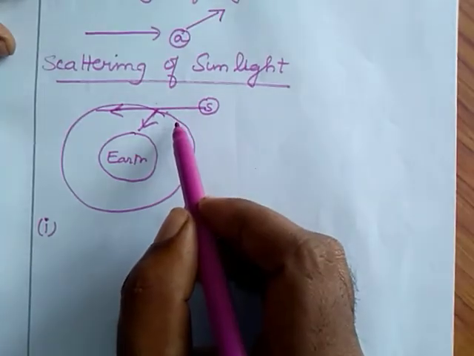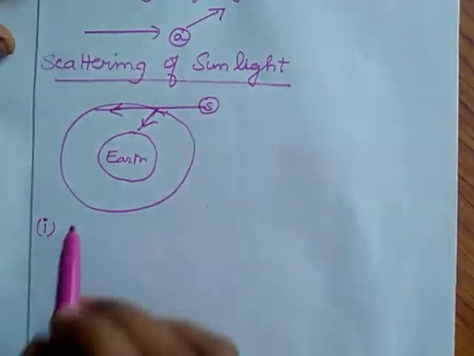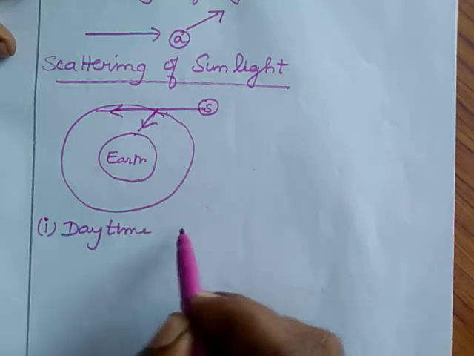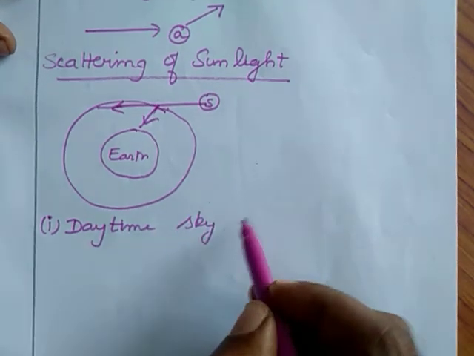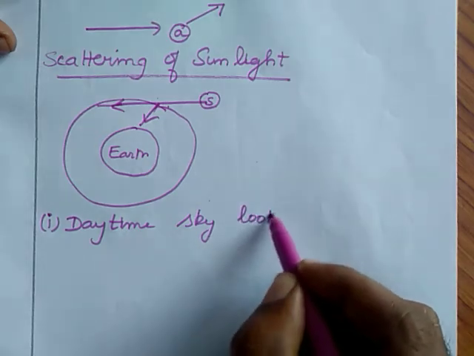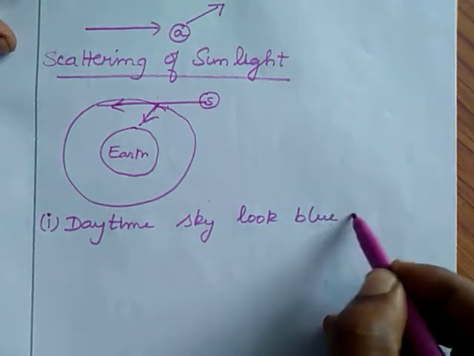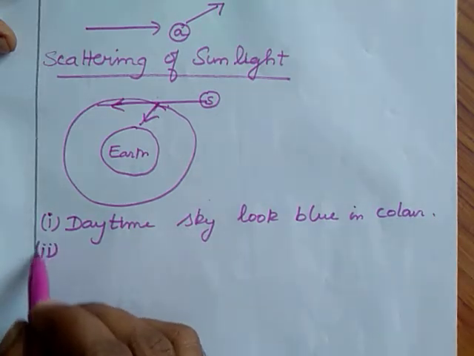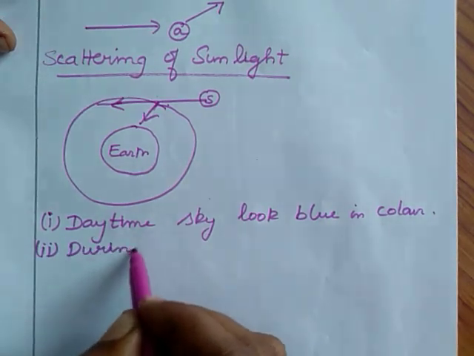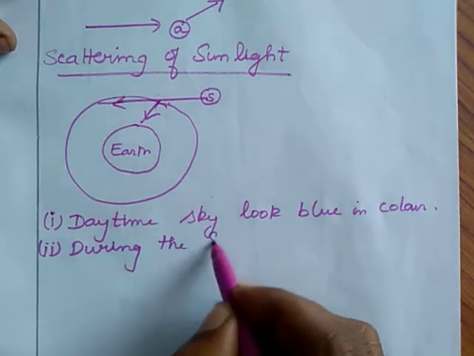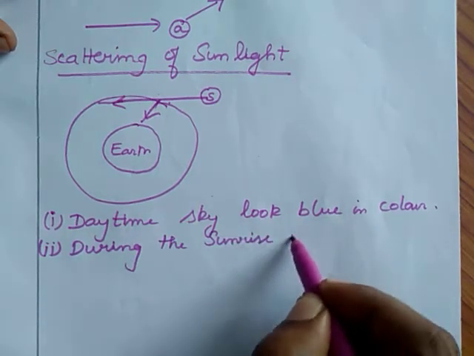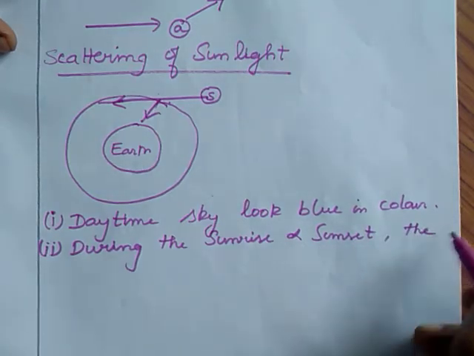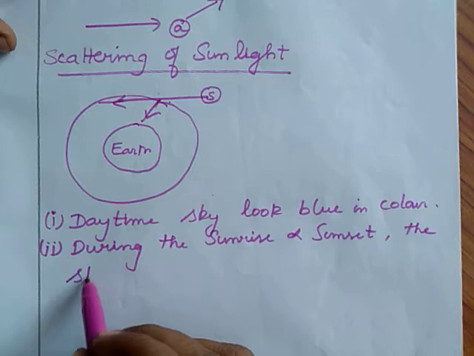Due to this phenomenon, the sky appears blue in daytime. In daytime the sky looks blue in color. And during the sunrise and sunset, the sky appears reddish orange.